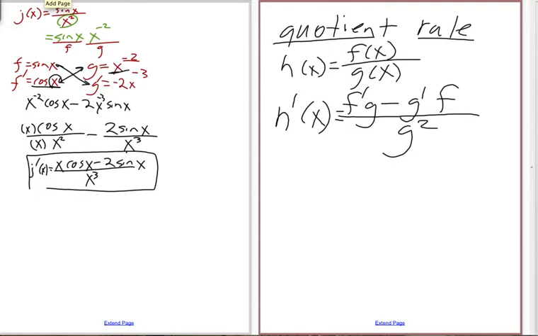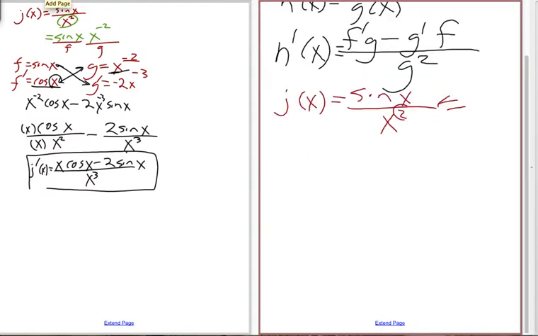Now that we've got that, let's come back in and revisit j of x, which was sine of x over x squared. Now you'll recall I did this using product rule by making this a negative power. Remember, you don't have to. You can use quotient rule on this, where your numerator will be f, your denominator will be g.